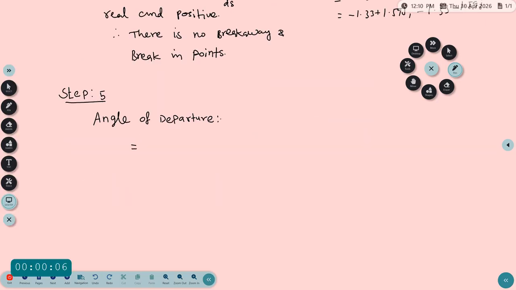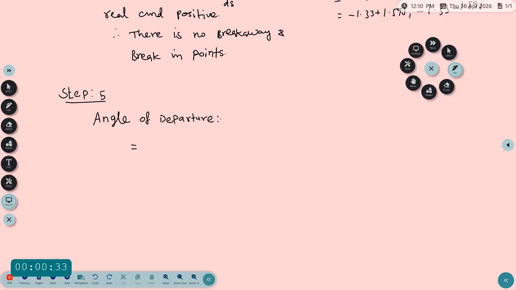Right. Now we will continue with step number 5. Up to now, in step number 1, we found the poles and zeros and marked them on the graph sheet. In step number 2, we found the root locus on the real axis. In step number 3, we found the centroid and marked it.